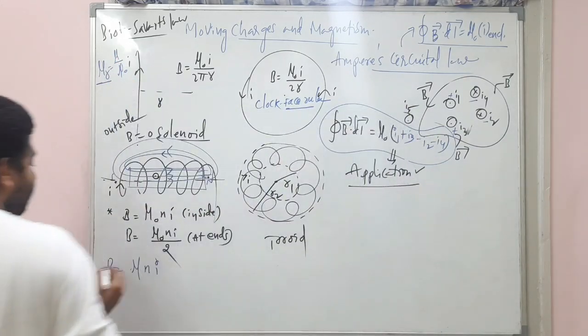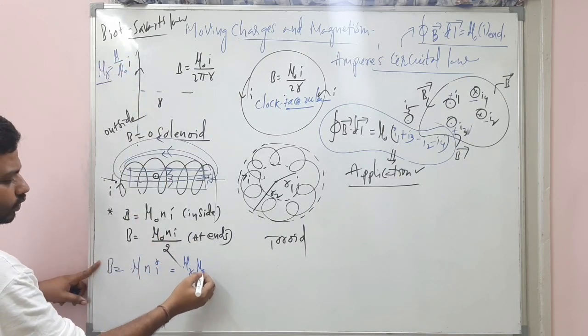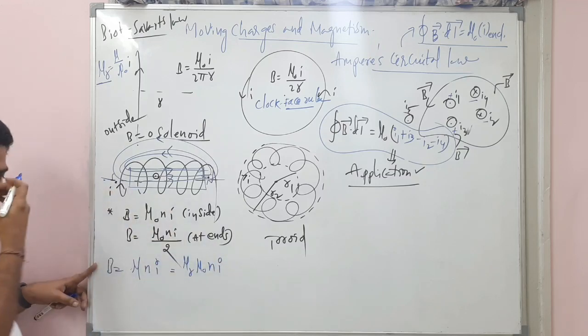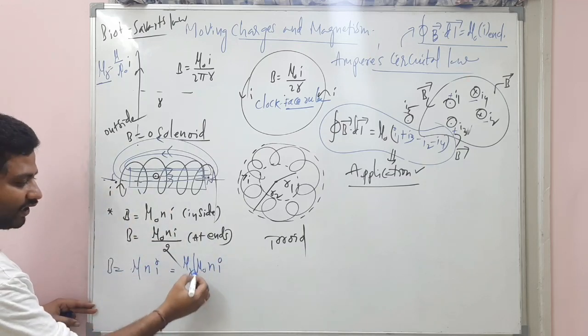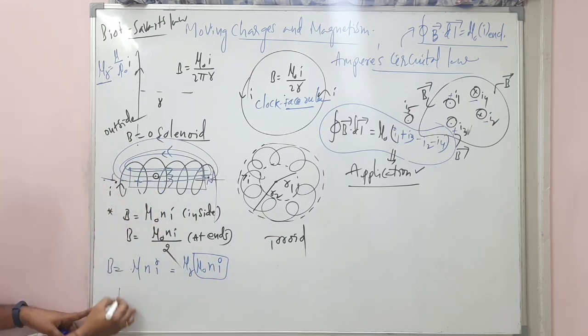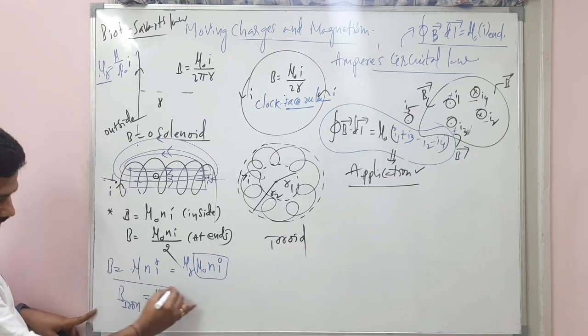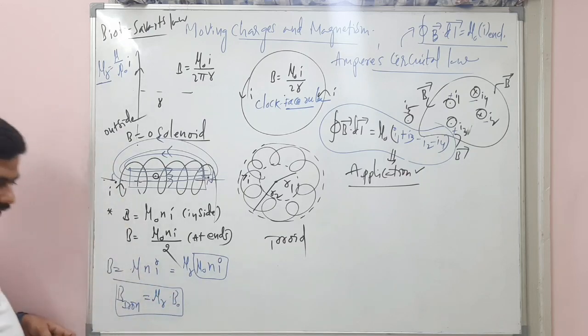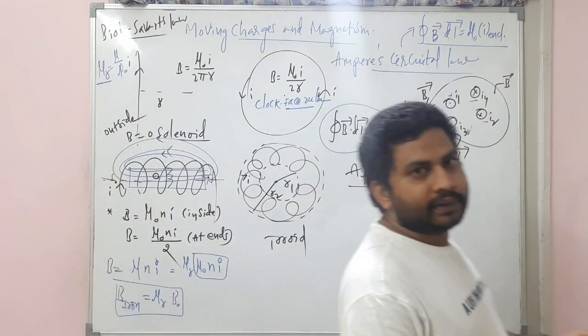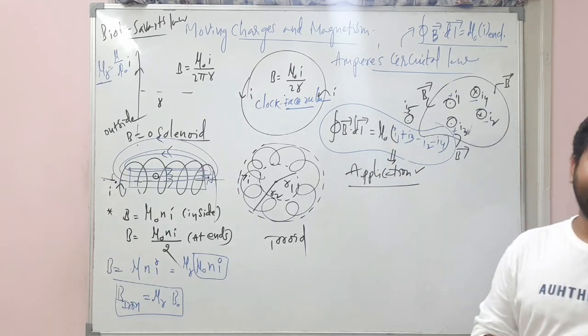So from here, mu can be written as mu r into mu naught, into n i. Understand? So mu naught n i is the air cored solenoid magnetic field, that is B naught. This is the iron cored solenoid, which is equal to mu r into B naught. I hope it's very clear to everybody.